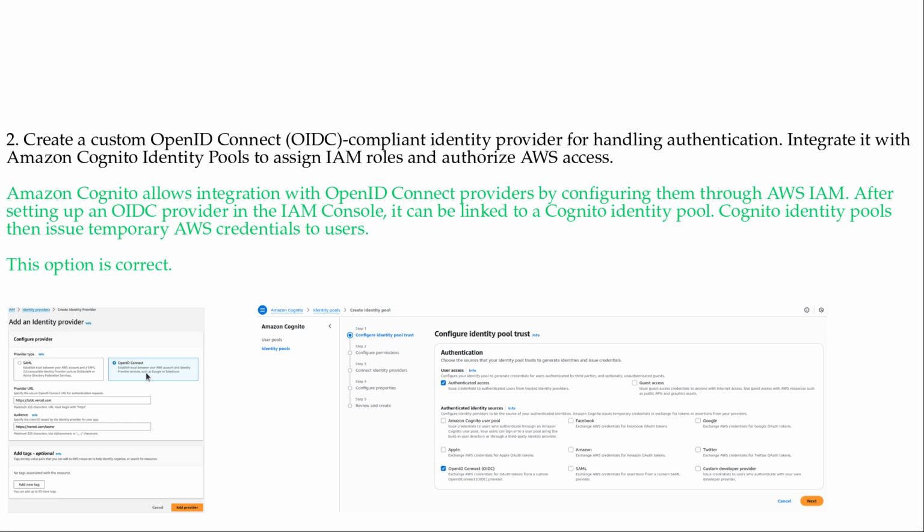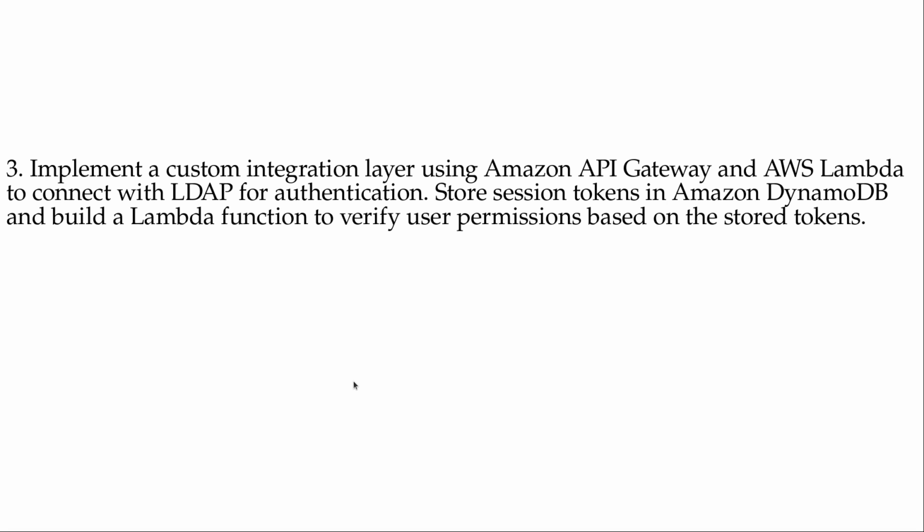Then that can be linked to a Cognito identity pool. What you're seeing on the right hand side is the screenshot from Amazon Cognito identity pools. You can see that you can use an OIDC based provider. The Cognito identity pools then issue temporary AWS credentials to the users, using which they will be able to access AWS resources. So this option is correct.